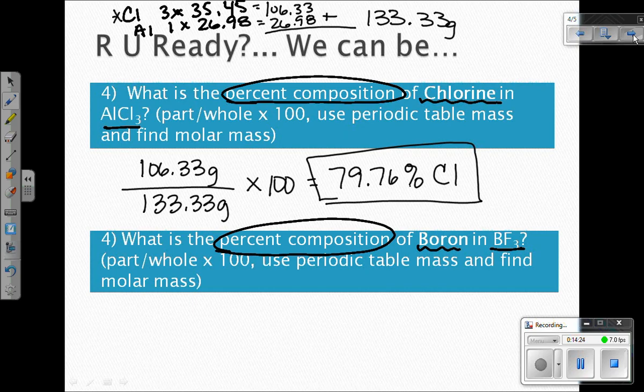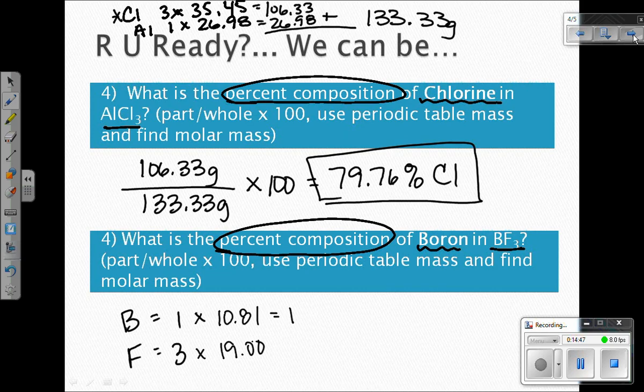On this one down here for our boron and fluorine, we have boron, which is 1, and we have fluorine, which is 3. For boron, when we look it up, it's 10.81. Fluorine, when we look it up, is 19, rounded properly.